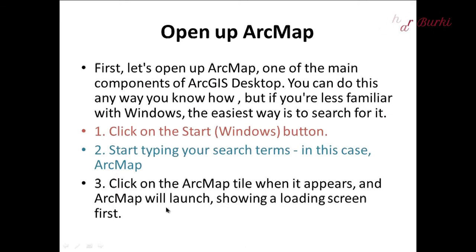Click on the ArcMap title when it appears, and ArcMap will be launched, showing the loading screen first. Guys, this is the theoretical definition of how to open ArcMap. After that, I will show the practical of how to open ArcMap.